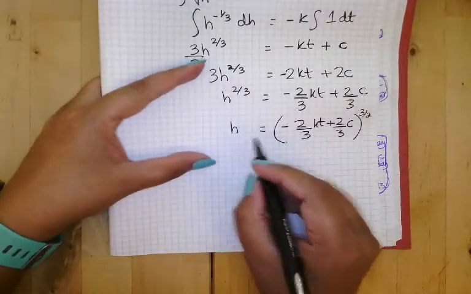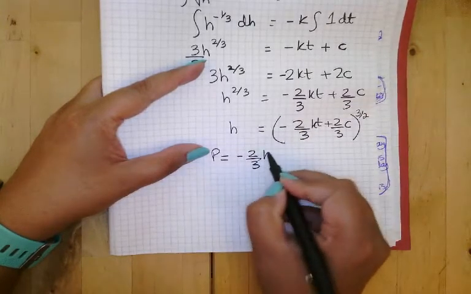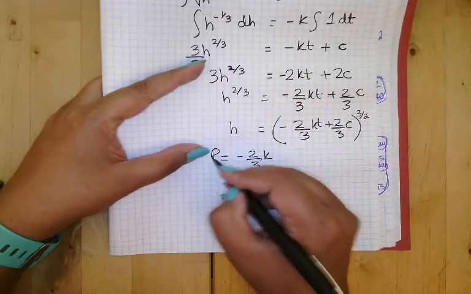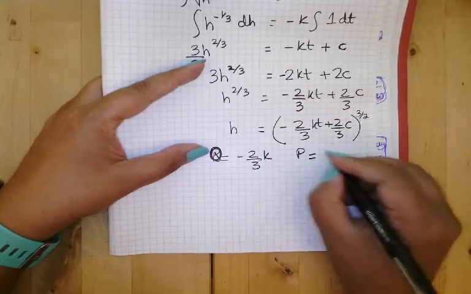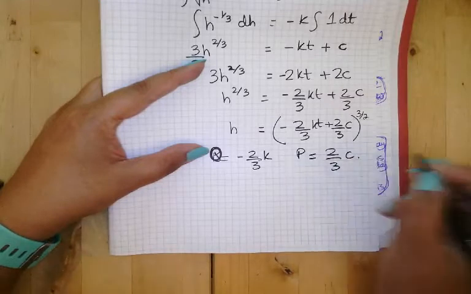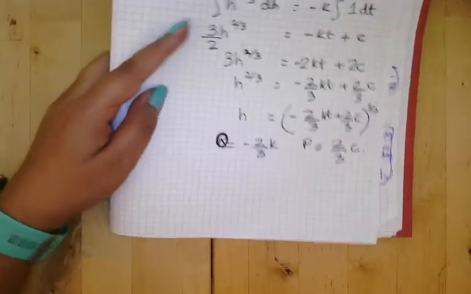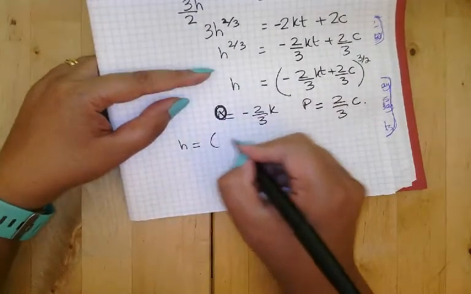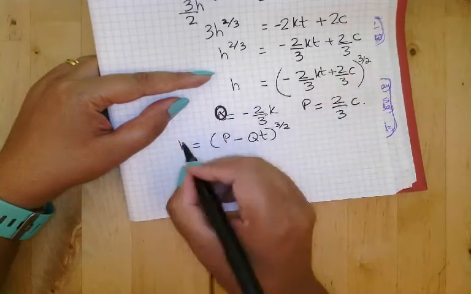So our p is minus 2 over 3k, actually this is our q, and our p is 2 over 3c. Okay, so we have h equals p minus qt to the 3 over 2, and we've shown that.